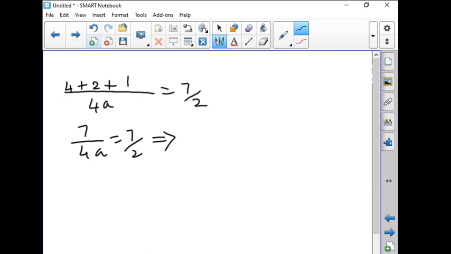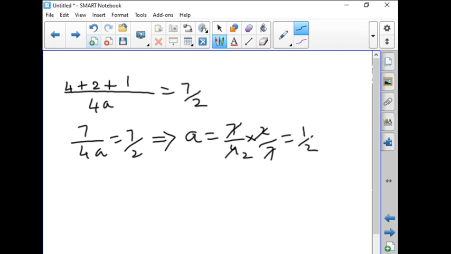We have to find the value for x, so we will find a first. So what is a from this? Cross multiplying, a is equal to 7 by 4 into 2 by 7. So the 7s get cancelled and 2 goes into 4 two times. So a is equal to 1 by 2.